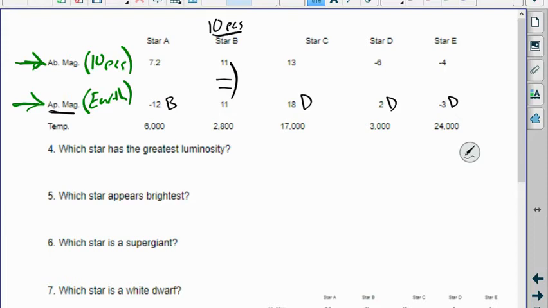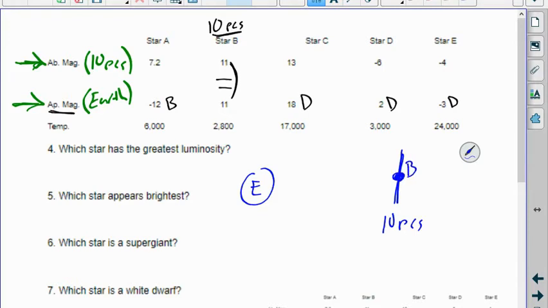So I only have one star that is closer than 10 parsecs. So getting it started is going to be pretty easy. If I have the Earth, and then I have a line that is 10 parsecs away, it's pretty easy to set the first point. I'm going to put star B right on that line.